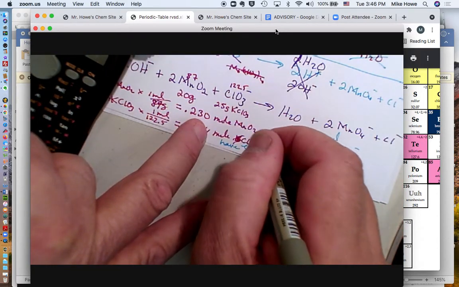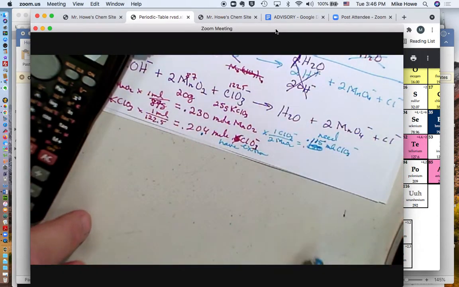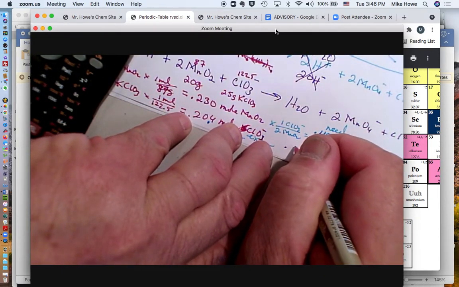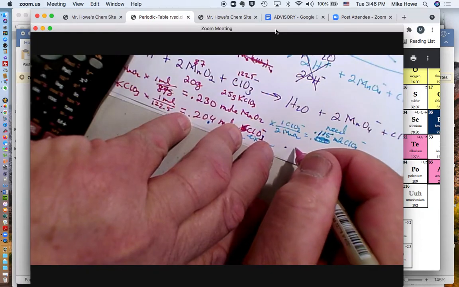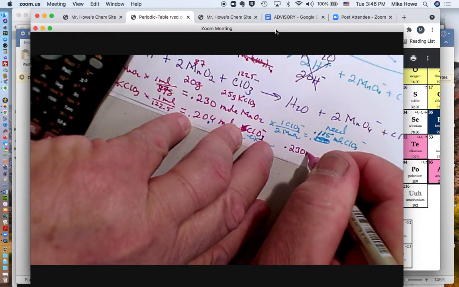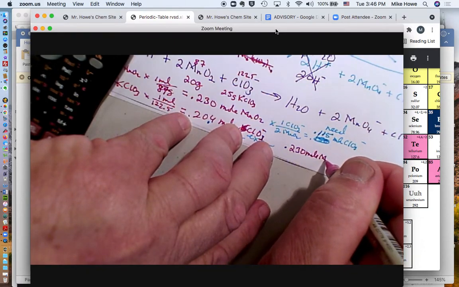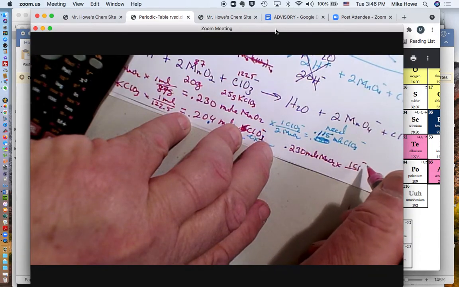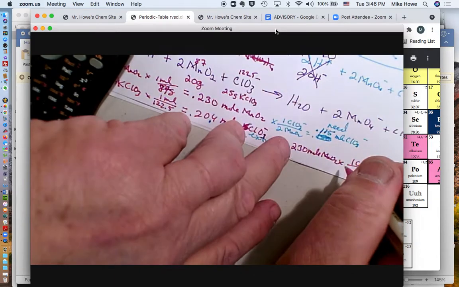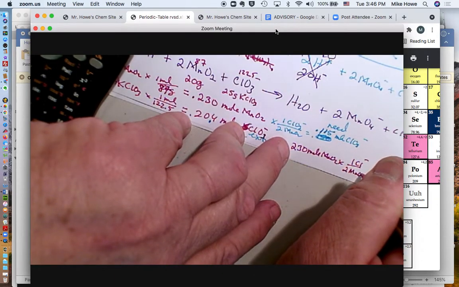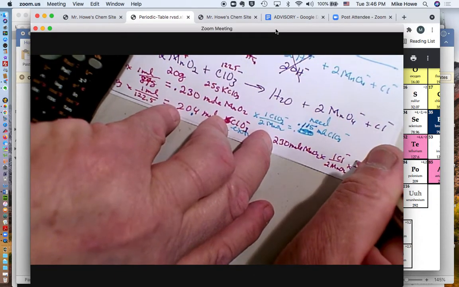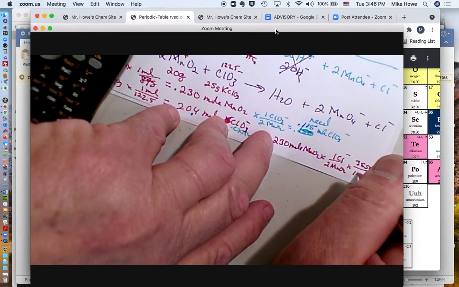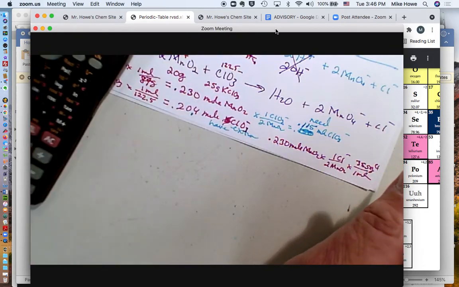Okay, so our MnO2 is our limiting one. So we'll take our limiting reactant, 0.230, and we know that there is 1 Cl minus for every 2 MnO2s, and we know that there are 35.5 grams of Cl for every mole, and that's straight off the periodic table.